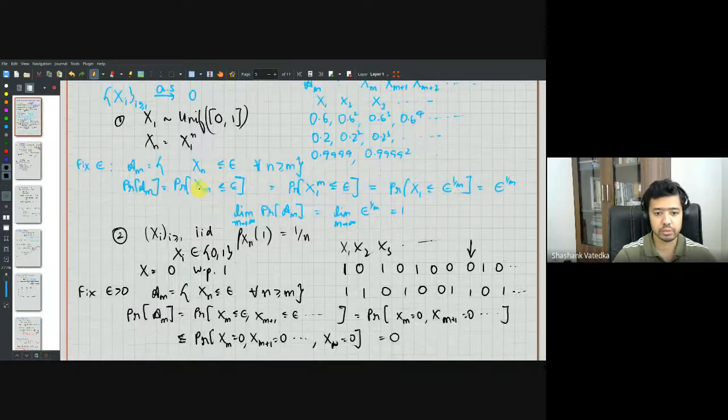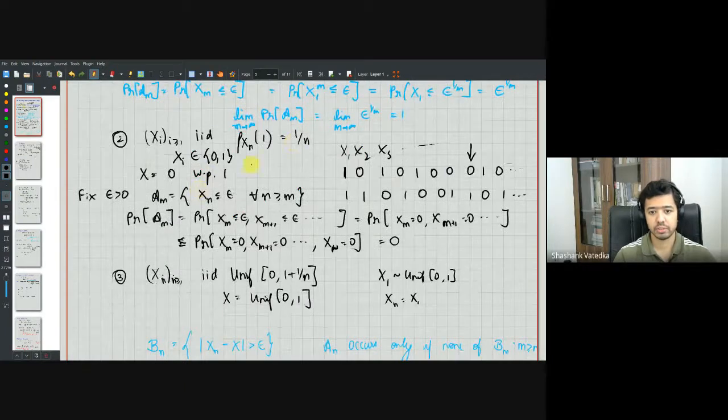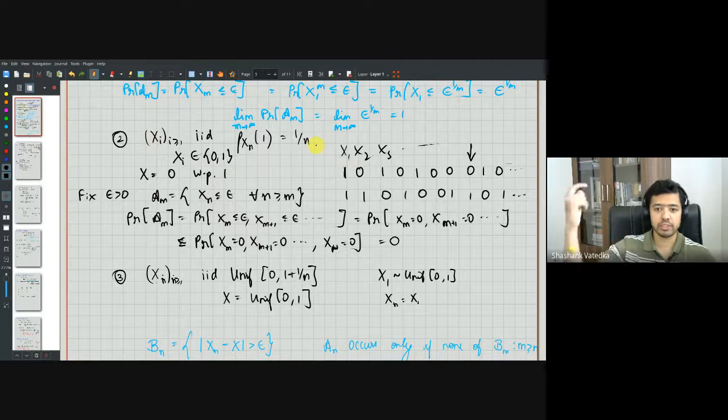But in these two examples, this will not always converge to 0. If you run the program multiple times, there will be certain instances where this sequence does not converge to 0. You will see some ones at some point later on for large enough n, and even in this example, the sequence will not converge to 0.